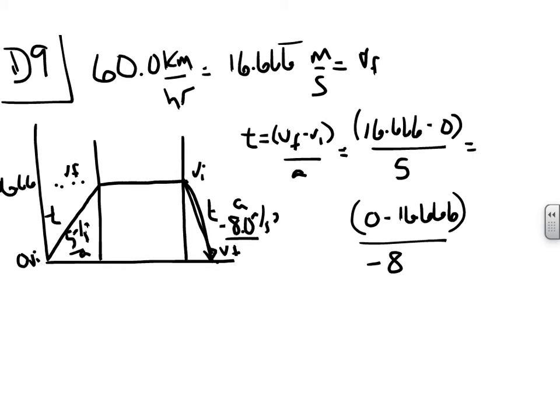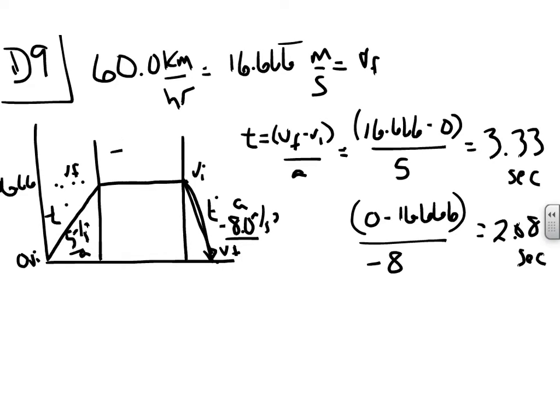So when we do these, we get the time at the beginning, and we get the time at the end. So that startup time is going to take me 3.33 seconds to speed up, and the other one, 16.666 divided by 8, is going to give me 2.08 seconds to slam on the brakes.